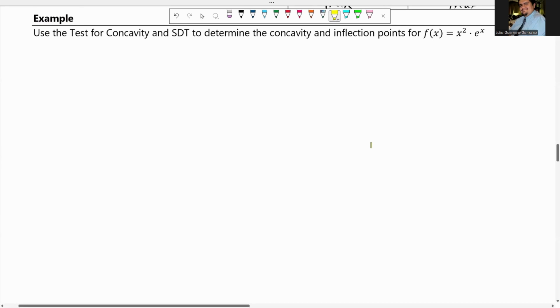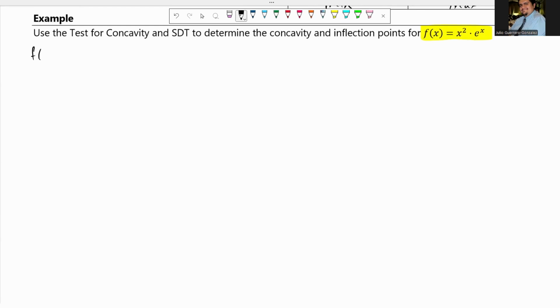I'm going to use the same function I've been using over the last couple of examples. What I'm going to do here is determine concavity and inflection points for that function right there.